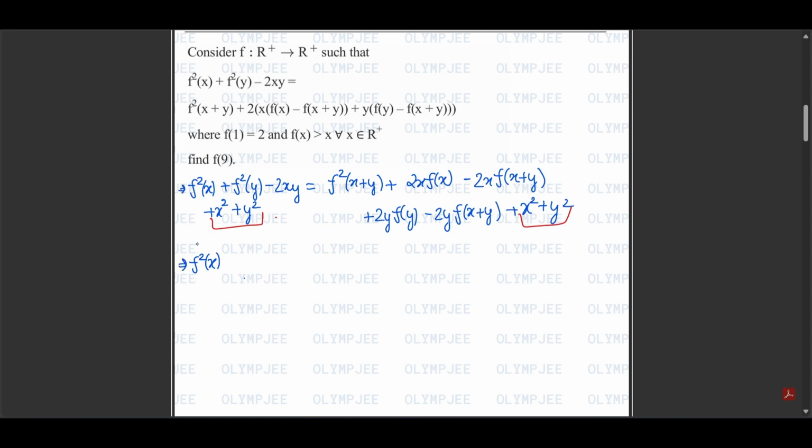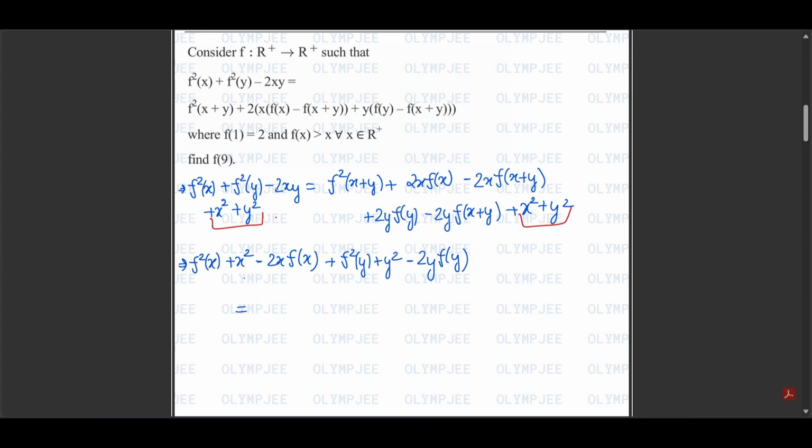So this would become f²(x) + x² - 2x f(x). Similarly for f²(y) + y² - 2y f(y). So this is LHS completed, and this 2xy does not belong here because we cannot include it in any bracket.